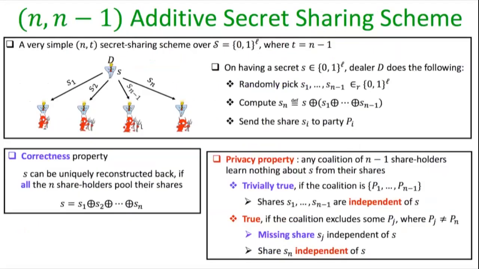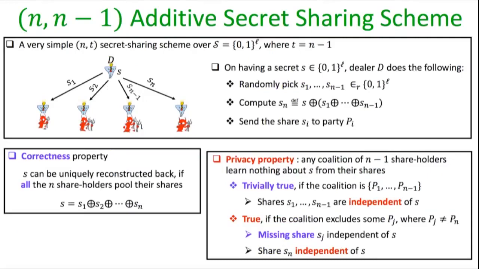Okay, so let's see a very simple example or simple construction of a secret sharing where my threshold is n minus 1. That means I need a mechanism to distribute my secret among n participants in such a way that until and unless all the n shareholders come together, they should not be able to get back the secret, right?